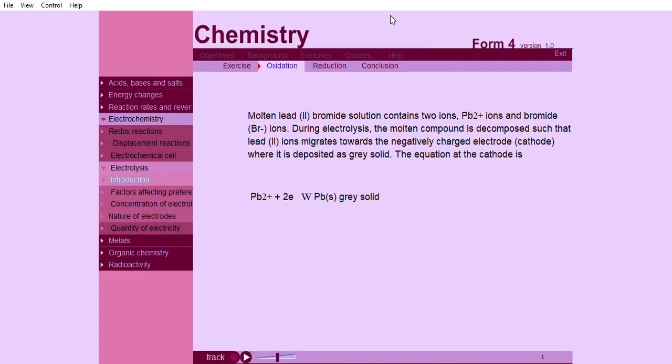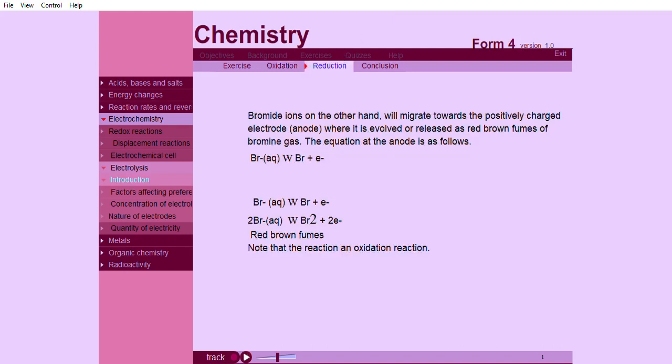The equation at the cathode is: bromide ions, on the other hand, will migrate towards the positively charged electrode or anode, where it is evolved or released as red-brown fumes of bromine gas. The equation at the anode is as follows. Note that the reaction is an oxidation reaction.